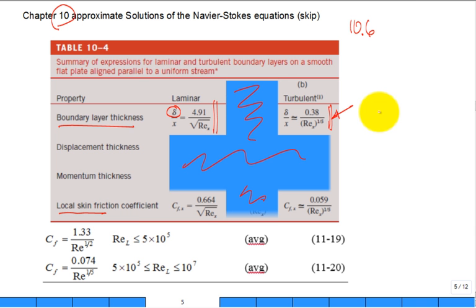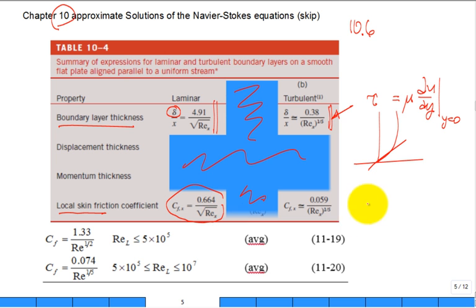Once I have the velocity profile, I can take the derivative of the velocity profile at the surface, du/dy evaluated at the surface, y equal to 0, multiplied by viscosity, and isn't that the shear stress? So the wall shear stress. And you can get the local shear stress, meaning I'm going to start at my knife-edge sharp plate, and I can get it at this location, this location, that location.